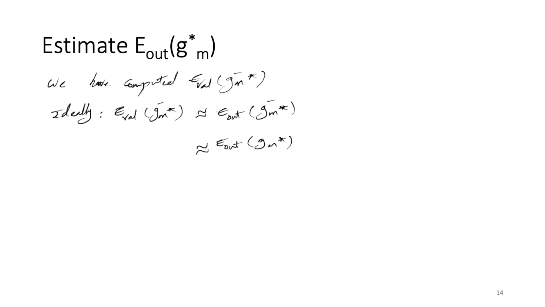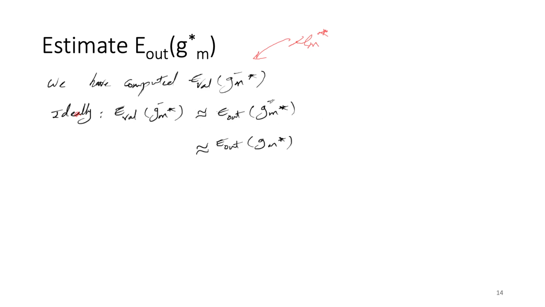So by now we saw that we have computed the validation error of g minus bar m. So that was the best case that represented our hypothesis, right? So ideally, the validation error of g minus bar m star would be sort of equal to the real out of sample error, right?